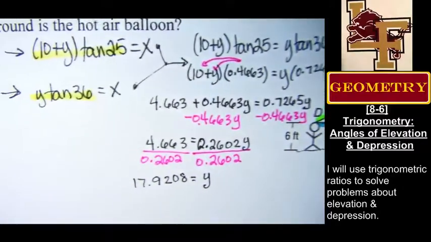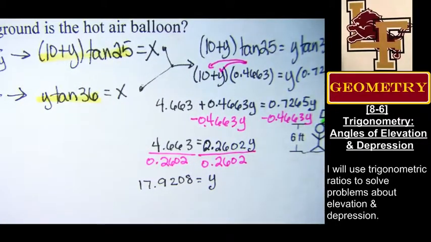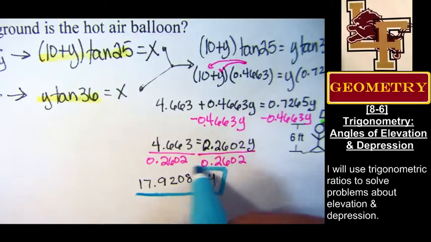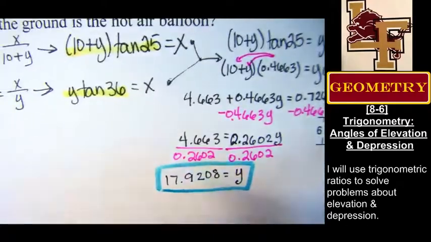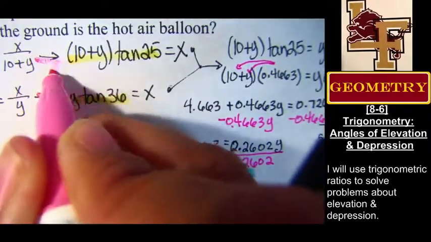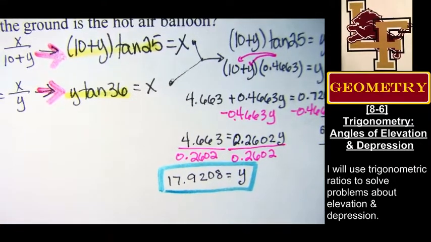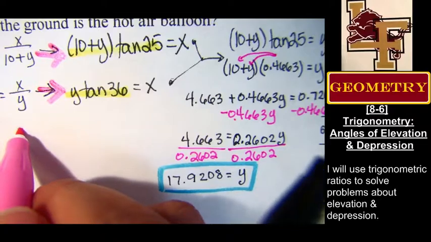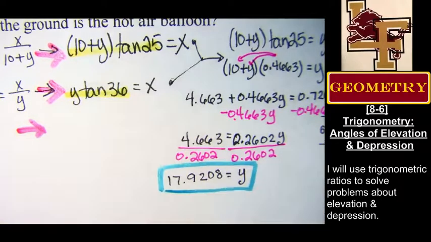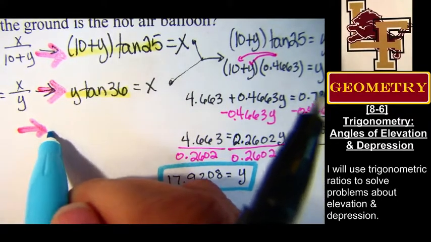Now that I have a value for y, I need a value for x. The good news is I have two different equations that'll give it to me. No one cares which one you pick. Pick the one that you like the best. The bottom one. All right, I'm down with the bottom one. So I'm going to put the value for y.